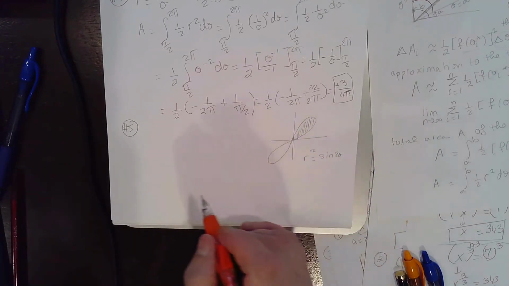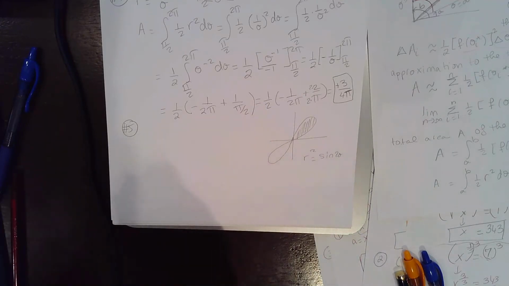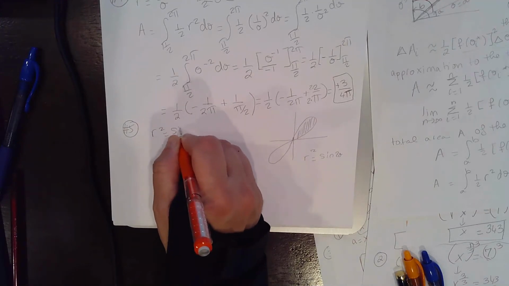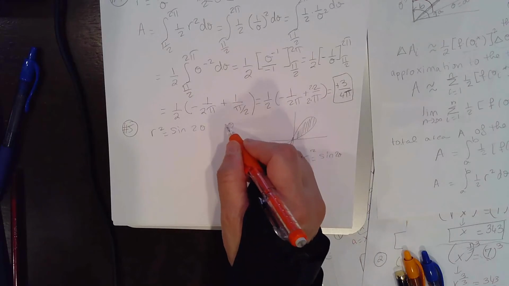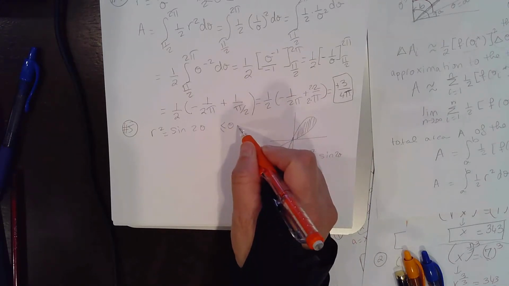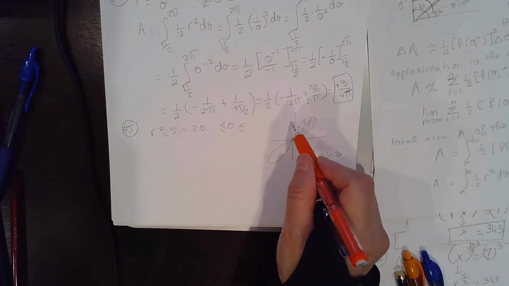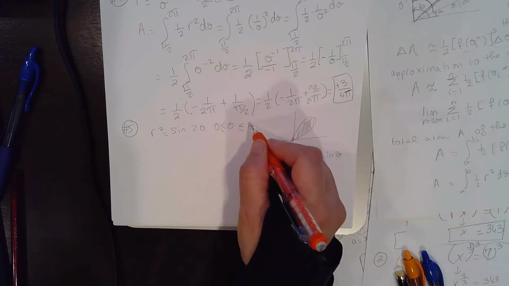So we need to find the area of the shaded region. How do we do that? Well, we already know r squared to be sine 2 theta, and we already know where the region is, the sector, right? So it's going from 0 to pi over 2.